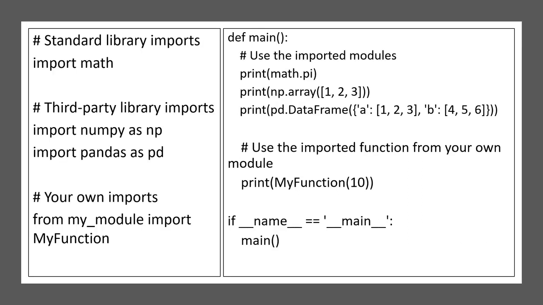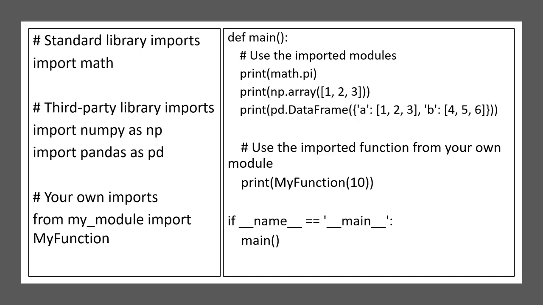An example is shown here. We import the standard library, import math, and we can use it in main as math.pi. We have third-party libraries like NumPy and Pandas. Here I have created an array of 3 elements using np.array and I've created a data frame with 2 columns, and pd here is again a third-party library.